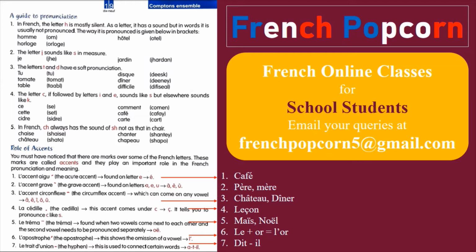Here you can see some examples where we can see the letter H is silent in French. First word is homme. So here we are not pronouncing this H. The pronunciation of this word is like omme. Second, we have horloge. Third word is hotel.